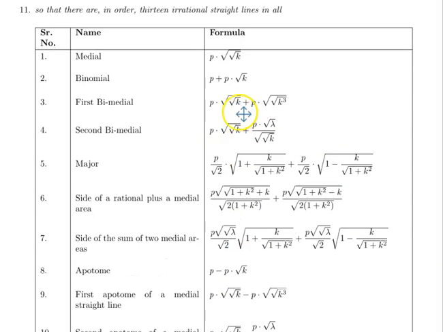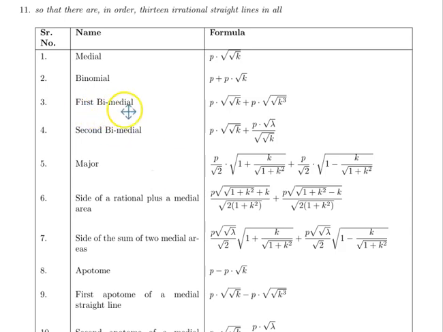Here one interesting fact is that if you see, binomial is p plus p times root k. Apotome is p minus p times root k. Nowadays, what we do, we say p plus minus p times root k. So basically combine addition and subtraction into a single formula using plus minus, one above the other.